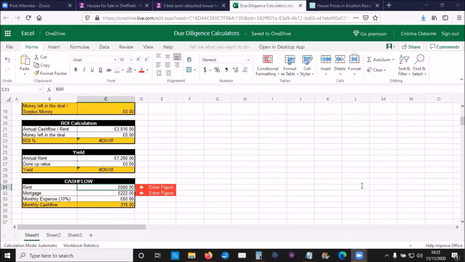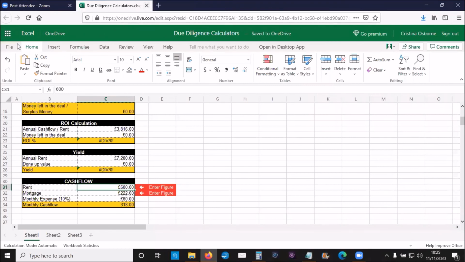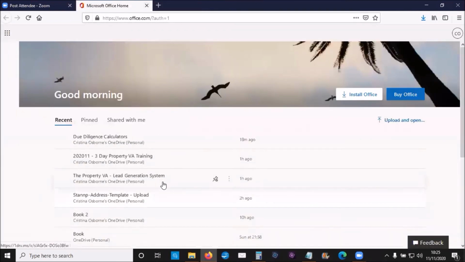If you download that, I will resend all of these files again when I send you a copy of today's slides. I hope we're okay with this now, guys. I am going to close the windows for doing the calculations, and instead we're going back to the slides for today.